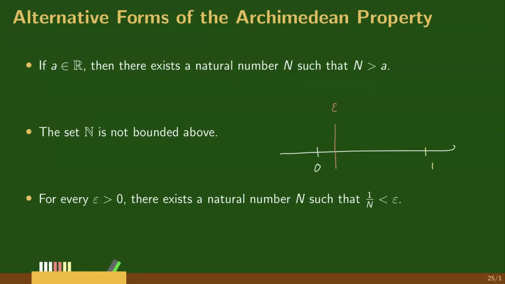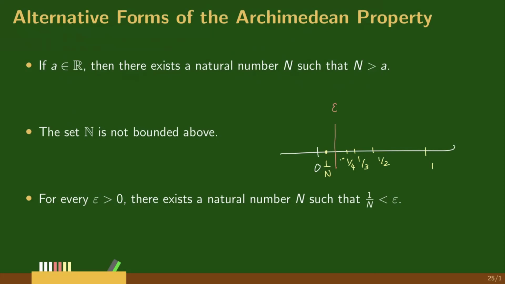Ang sinasabi ng property is that yung 1/2 nandyan, yung 1/3 nandyan, yung 1/4 nandyan. Eventually, isa sa mga 1 over n has to be smaller than that epsilon. Did you understand? May isang 1 over n that is even smaller than any epsilon that you set as long as it is positive.